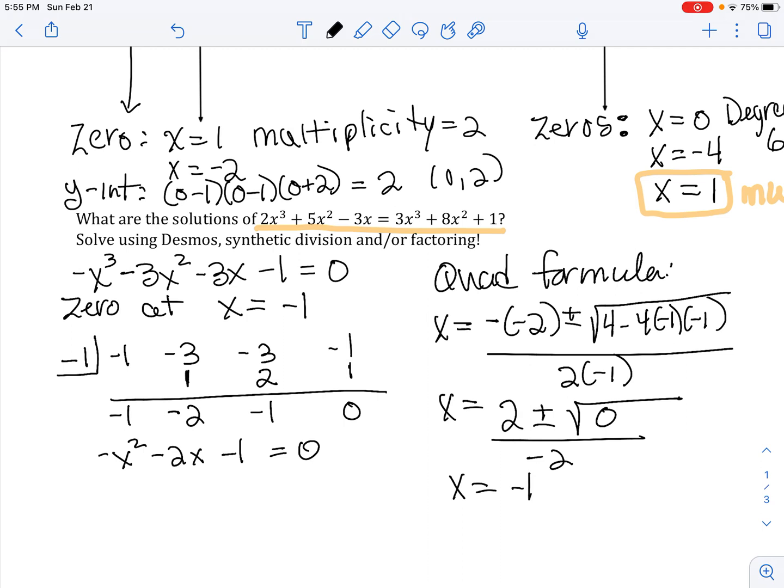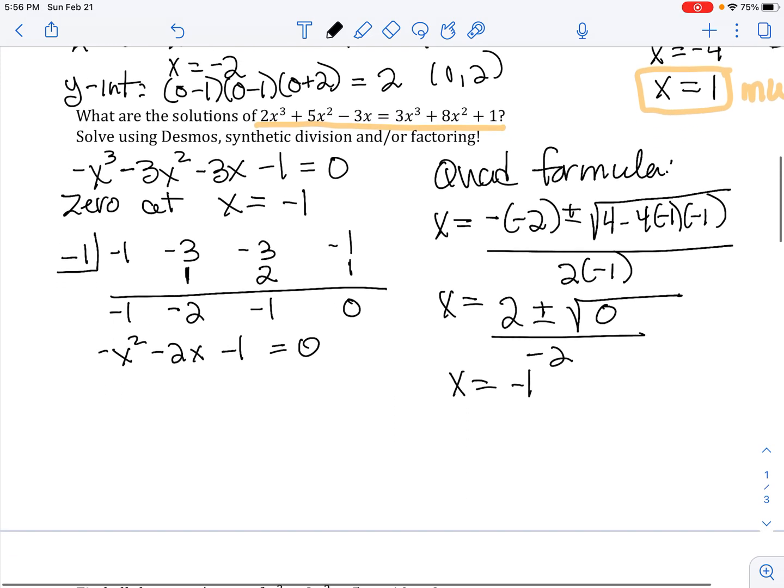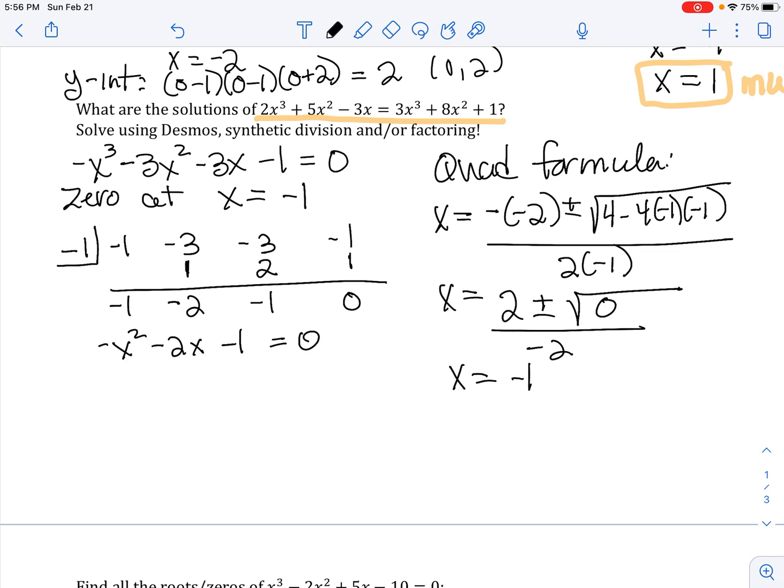So while you were thinking that there were two non-real, it turns out that when you solve, -1 is in fact the only root. Well, that would mean that the equation of this polynomial is f of x equals x plus 1 cubed. There are no other ones. And so is that the case?